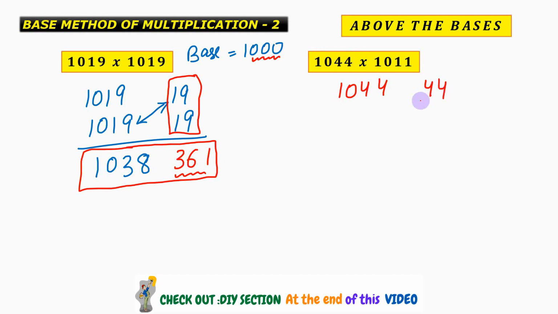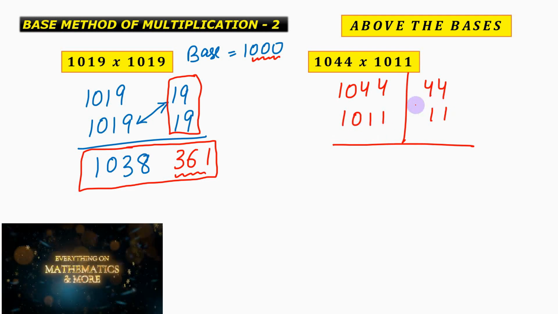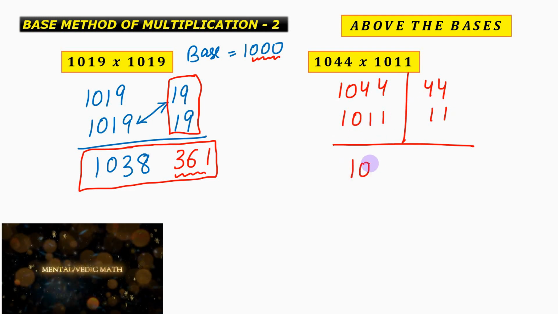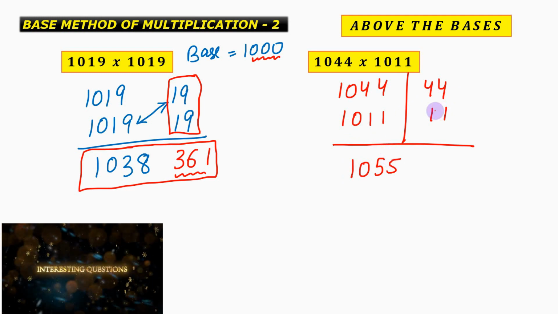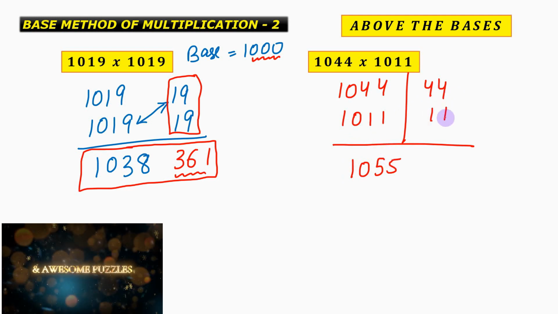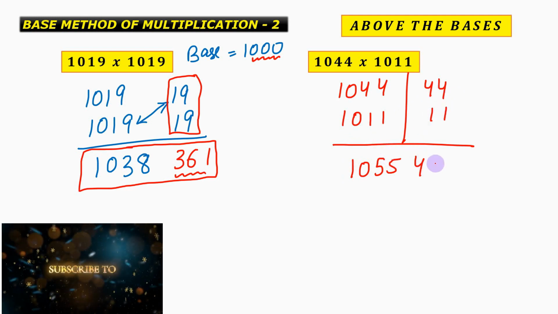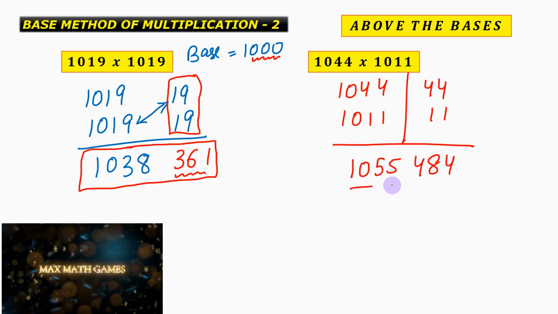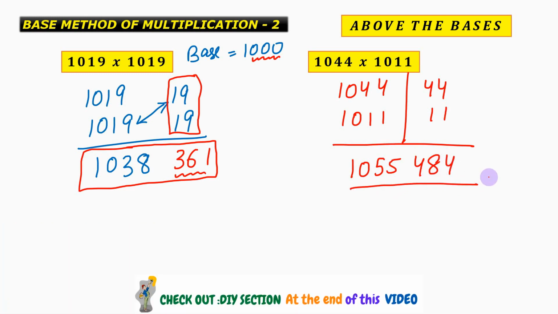So we write 44 over here, and 1011, which is 11 more than 1000. So we write 11. Okay. And then you add these two numbers. So 1011 plus 44 will give us 1055, and then 44 into 11 will give us 484, and hence 1055484 is the product of the numbers 1044 into 1011.